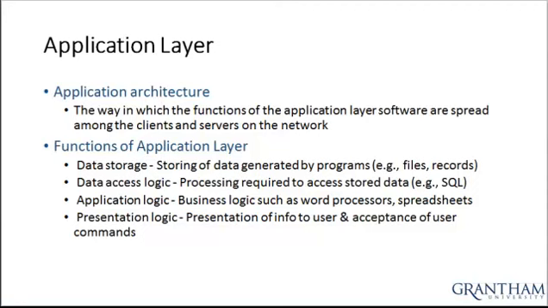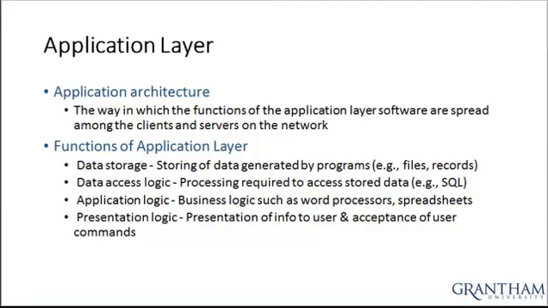You definitely have computers that are geographically interspersed, and you want to be sharing some data, and the architecture will determine how the functions are spread out or laid out among the clients and the servers.